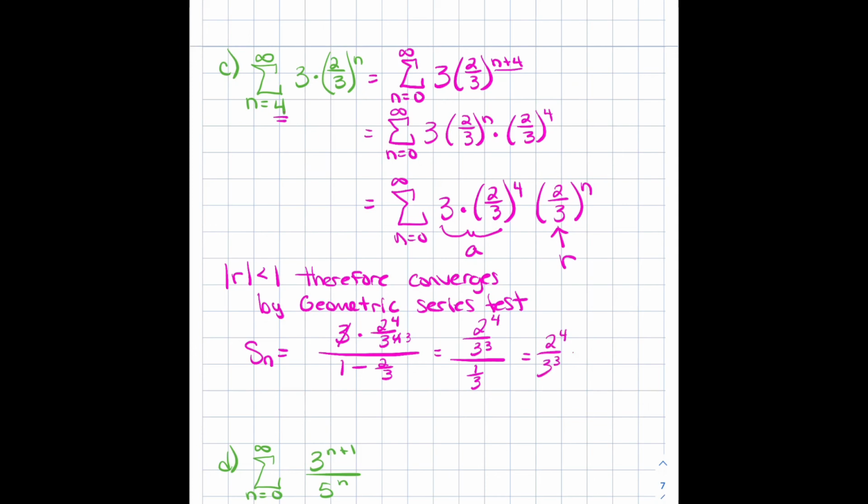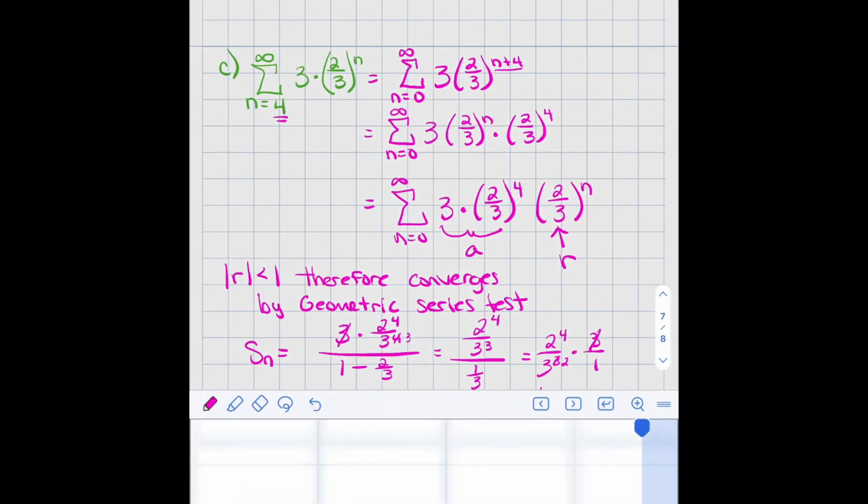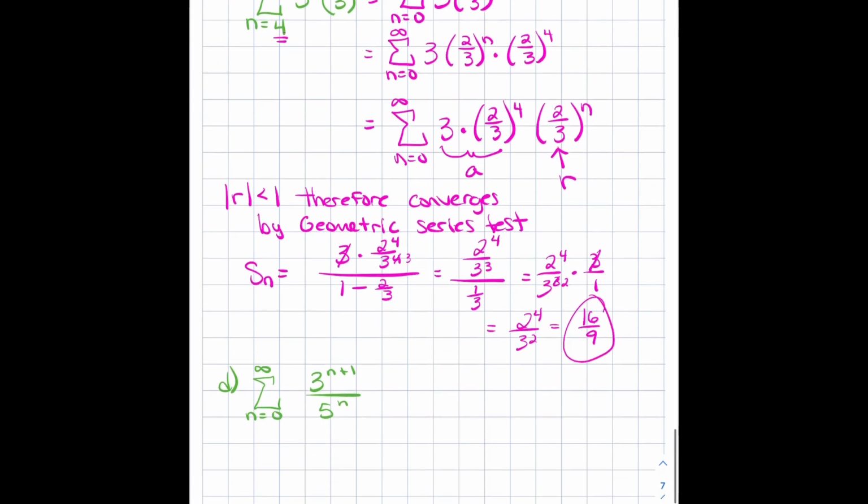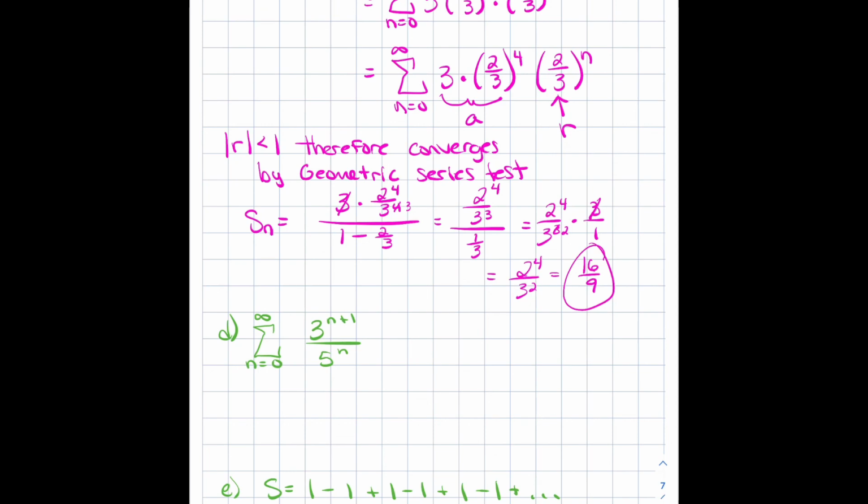So then I can write this as 2 to the 4th over 3 to the 3rd times 3 over 1. This 3 will take out one of those. So now I've got 2 to the 4th over 3 squared. Oops, 16/9. Did I do that right? 2 times 4, 8, 16, yeah. 16/9. There's the sum.